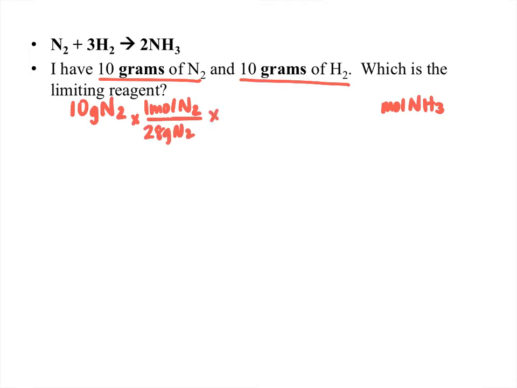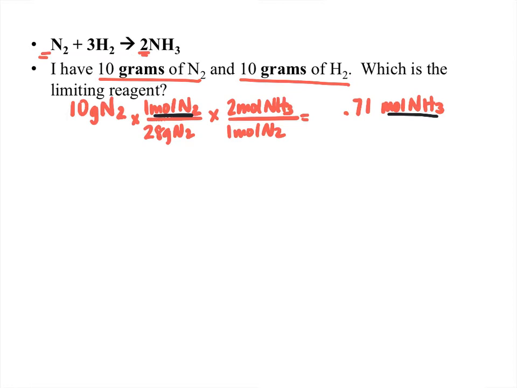Now I can convert moles of N2, moles of substance A, into moles of substance B using my coefficient step. So that will be 2 moles of ammonia from the equation over 1 mole of nitrogen from the equation. When I solve that, it gives me 0.71 moles of ammonia. So the math there was 10 divided by 28 times 2.